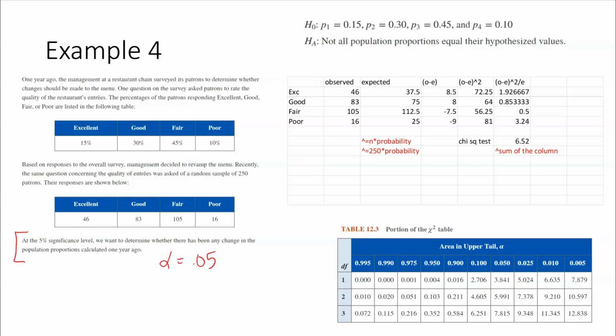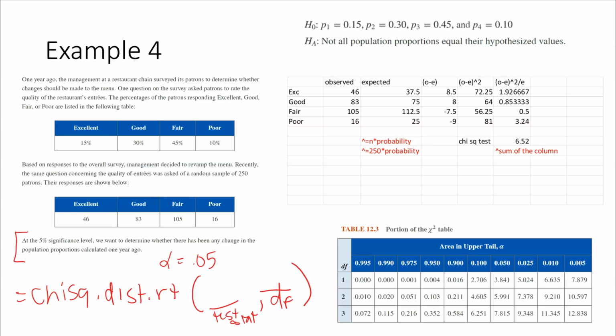So to calculate our p-value, we are going to use the formula chi-squared dot dist RT, and then we're going to put in our test statistic and our degrees of freedom. Okay, so in this case here, our K is we've got 1, 2, 3, 4, and each expected value is over 5, so we're good.